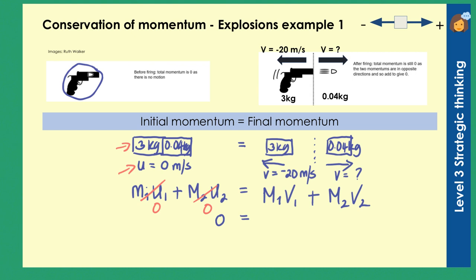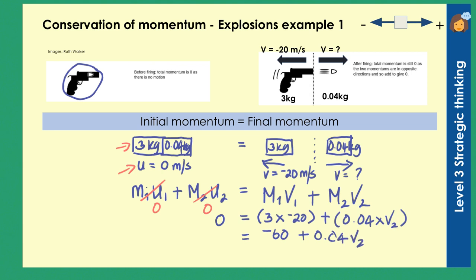Now on to the other side of the equation. So mass 1 of the gun is 3, times the velocity, which is in the opposite direction, minus 20, plus the mass of the bullet, which is 0.04, and we do not know the velocity of the bullet. This is what we're trying to work out. So 3 times minus 20 is minus 60, plus 0.04 v2.